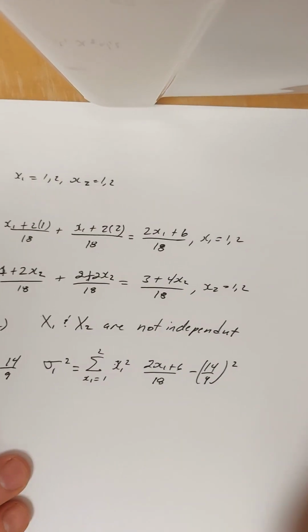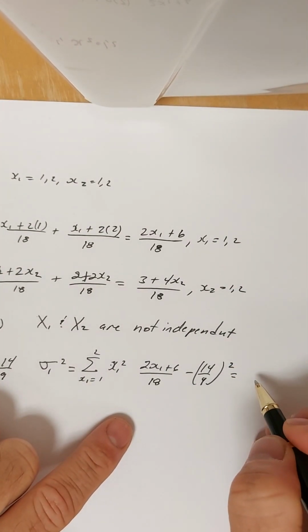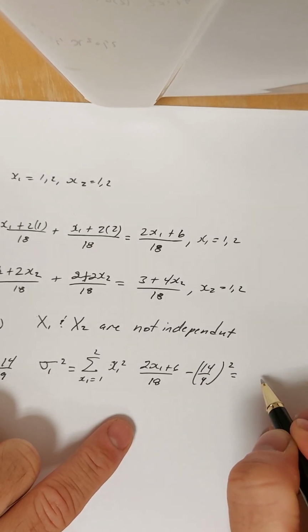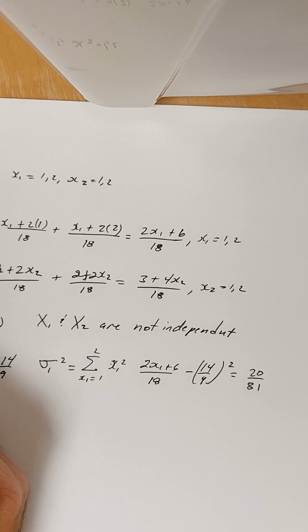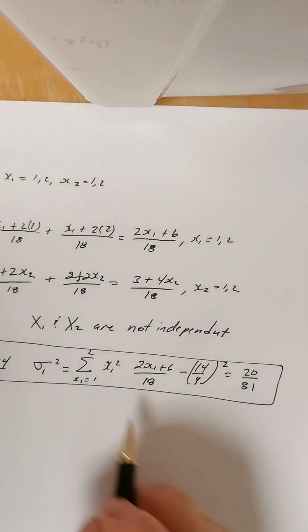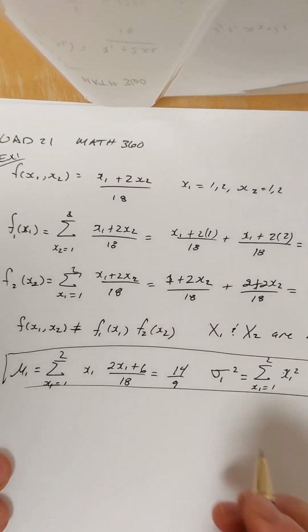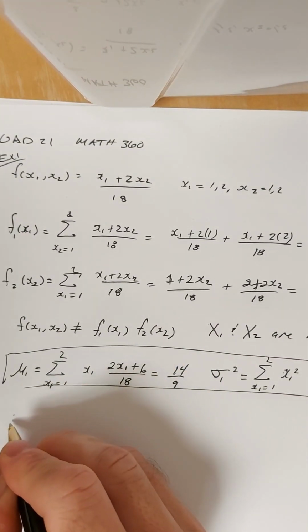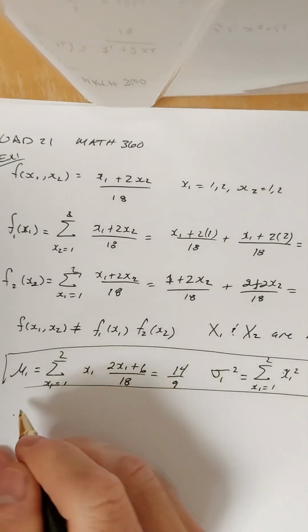If you do the quick sum on this, I threw this into Maxima, and I got 20 over 81 here. So there is the marginal variance and the marginal mean for x1.